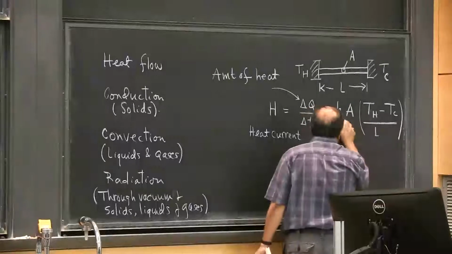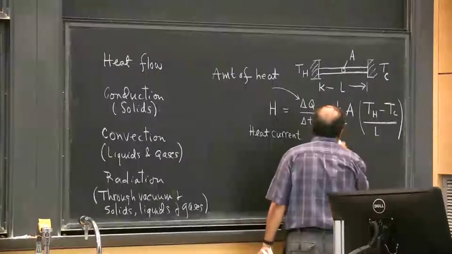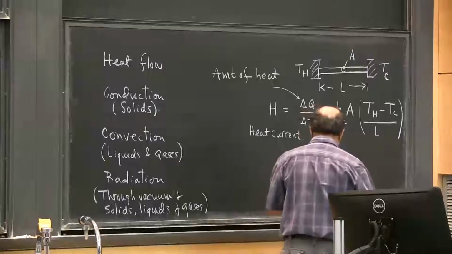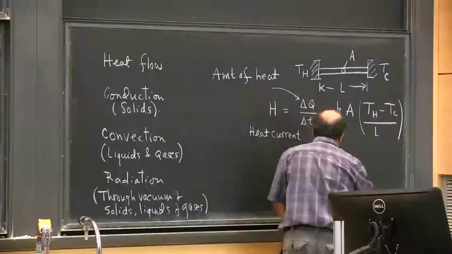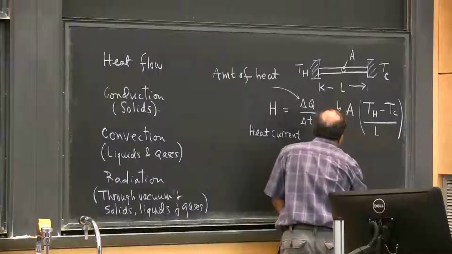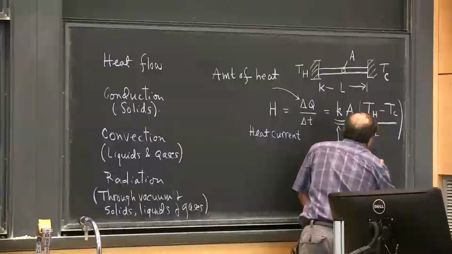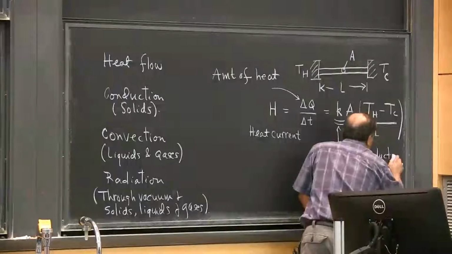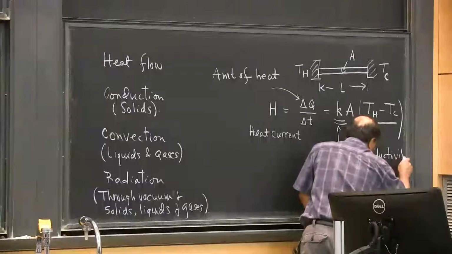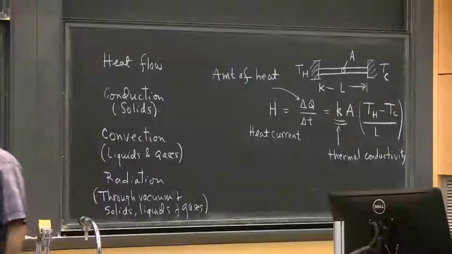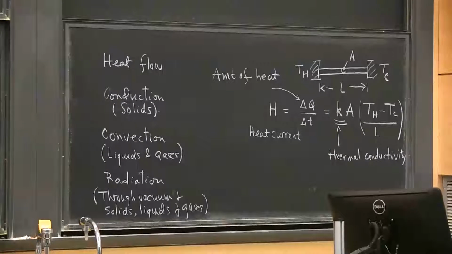But what is more important here is that this constant K that enters into the picture. And this constant K is the thermal conductivity. So as you can imagine, there is a great deal of research into making materials with the desired thermal conductivity.